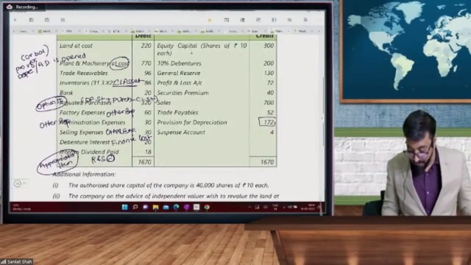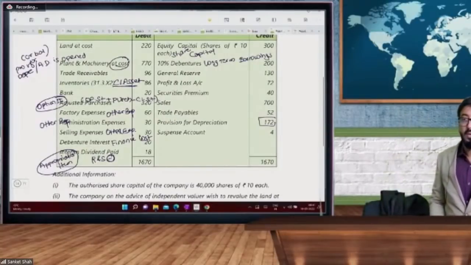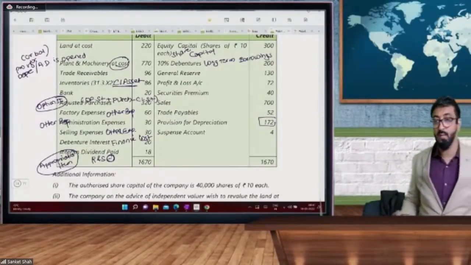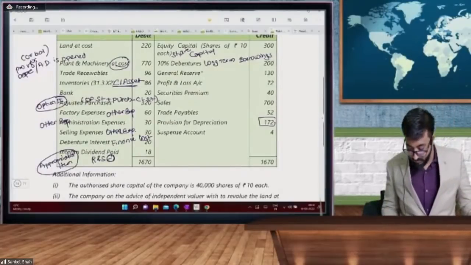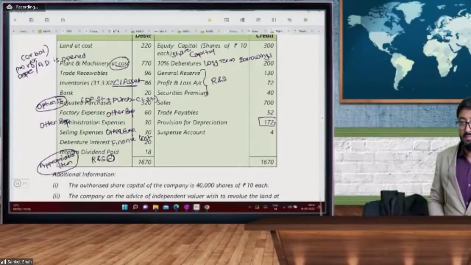Equity share capital under the head share capital. 10% debentures, long-term borrowings. General reserves, profit and loss account, and securities premium: reserves and surplus.